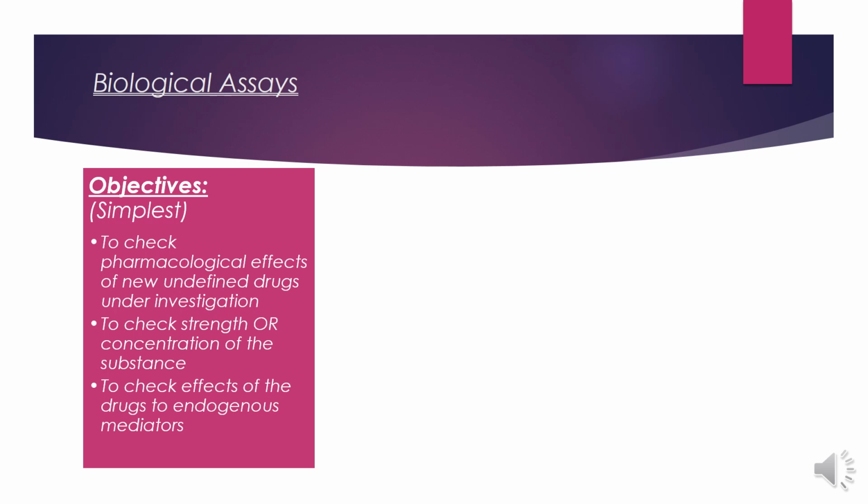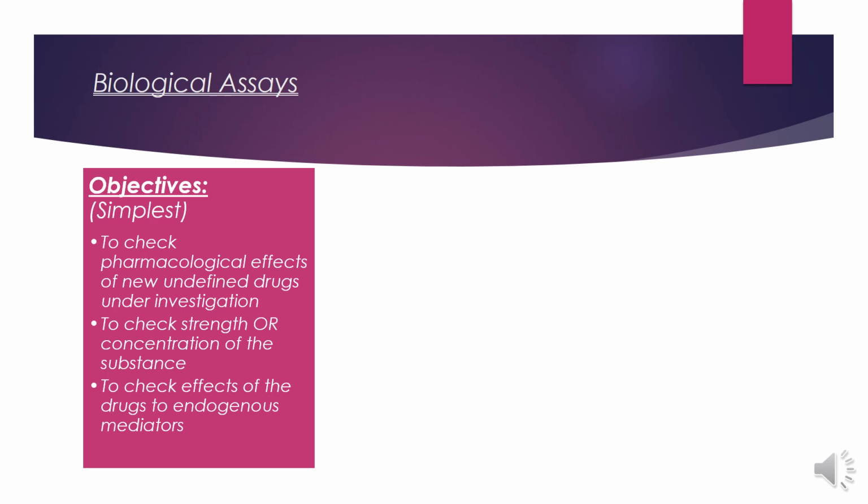you want to use it as a drug, you have to check and confirm its pharmacological effect. You have to confirm its strength and concentration by using a living organism, and you have to check the effect upon whatever endogenous mediators, hormones or things are there, which means that your drug is going to produce how much effect upon those endogenous mediators.